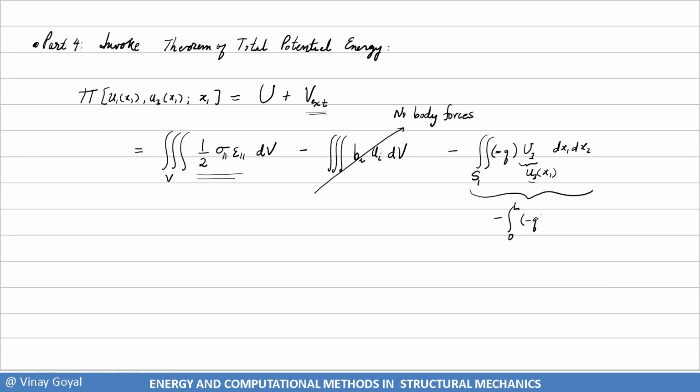Times minus Q times B. I integrate through the width of that beam because I can integrate over dx2 there. So I get U3(x1) dx1, and I'll call QB Q bar to make it easier.